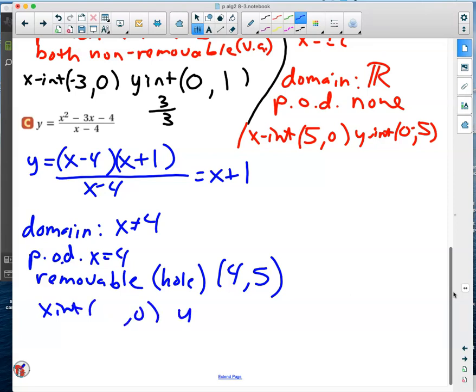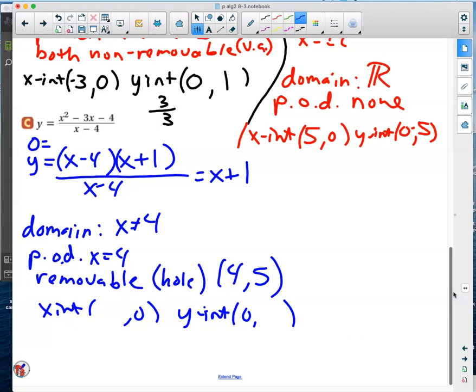x-intercept, something, 0. y-intercept, 0, something. So let's take a peek. We now have 2 numbers that could make the top of this fraction 0. What would the numbers be? 4 and -1. But wasn't there something special about 4? Yeah, it cancels. It's a hole.